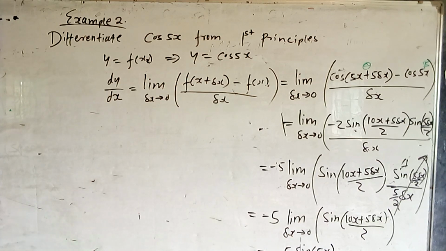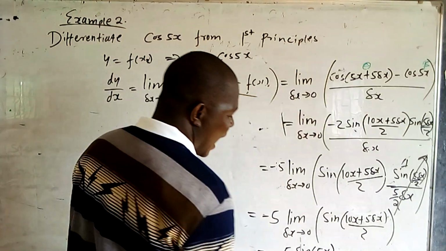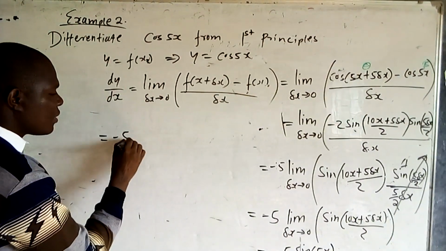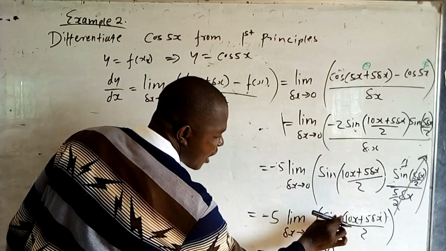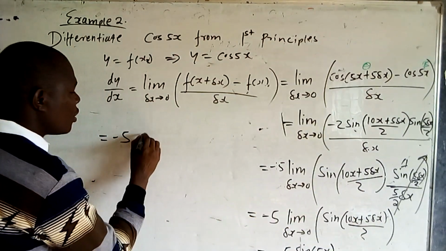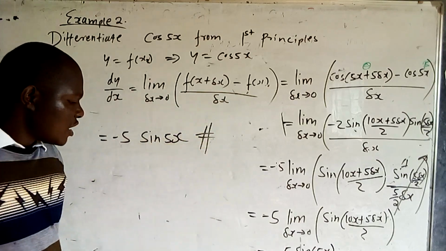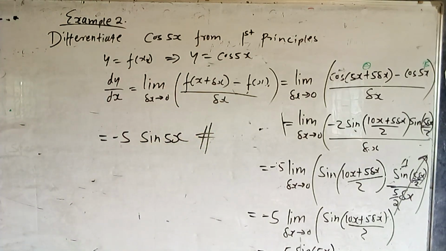So the derivative you found from first principle, this is negative 5, and if you substitute 0 in this limit, you get sine 10x divided by 2, you get sine 5x. That is the derivative of the function f of x from first principle.